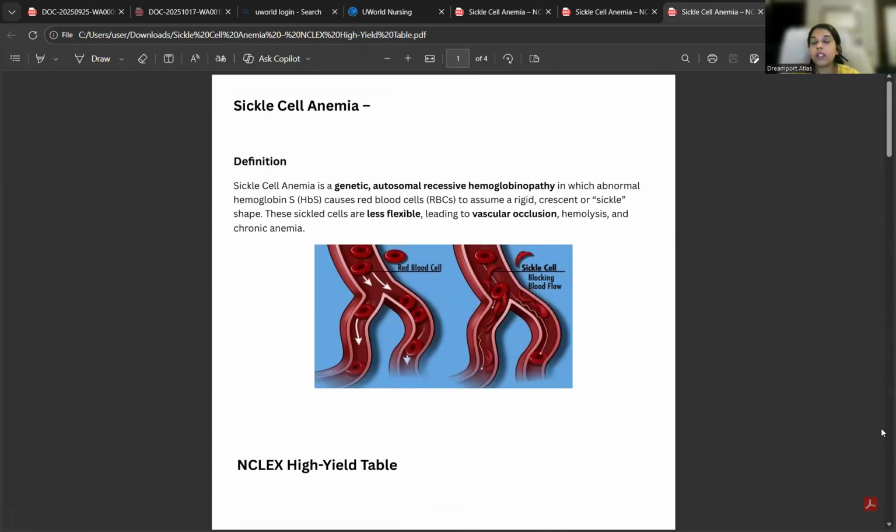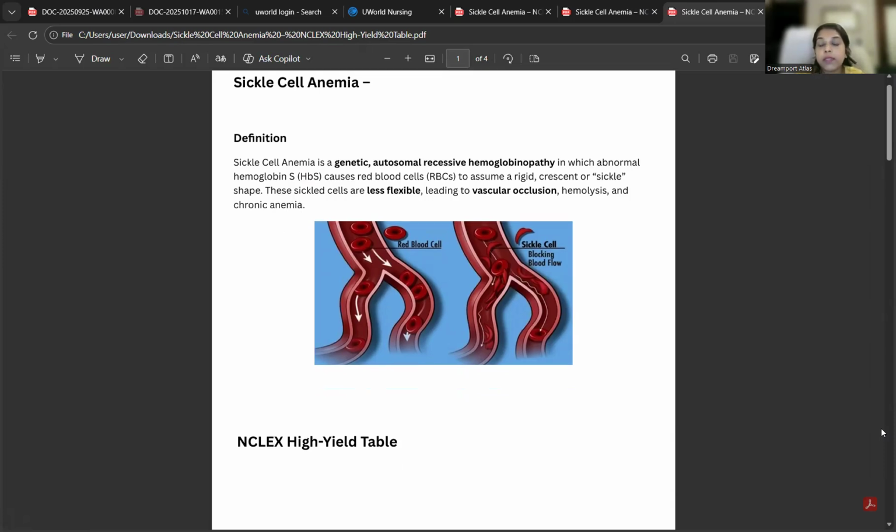That means it can cause abnormal hemoglobin S formation, which can lead to sickling of the RBC. When the RBC shape is converted into sickle shape, it can occlude the blood vessel. So the vaso-occlusive crisis is the main complication noted in sickle cell anemia.